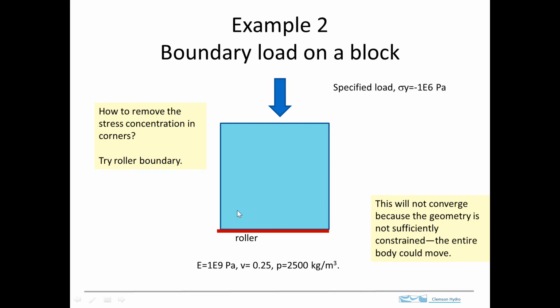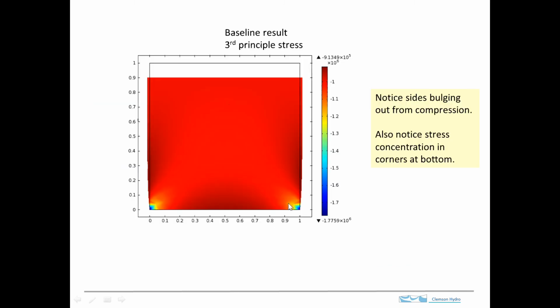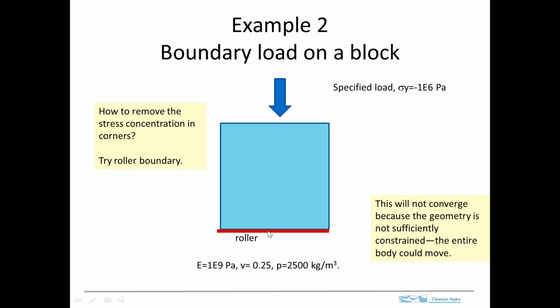So one option is to use a roller boundary. What's happening here is we're pushing down and getting lateral movement here, clearly because it's bulging out, but we can't have lateral movement here along the boundary, and that causes these stresses to build up. So one possibility is to replace the bottom boundary with a roller.